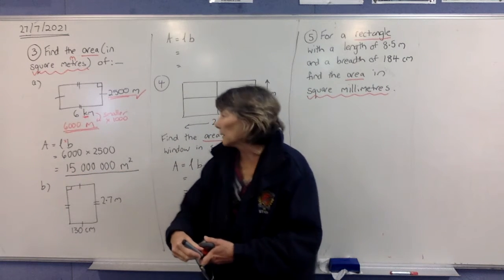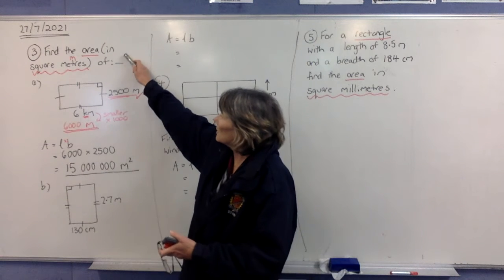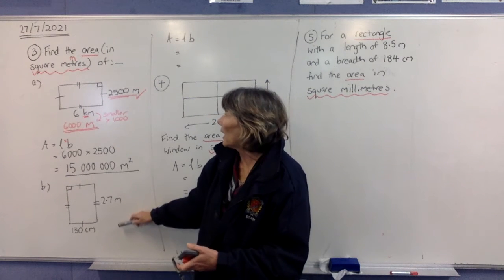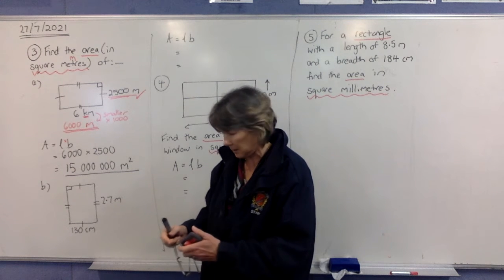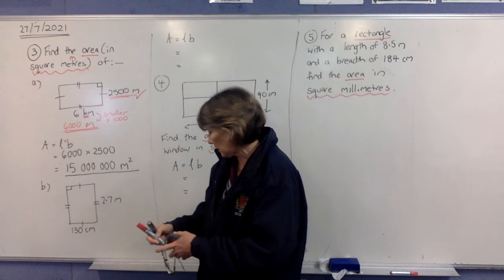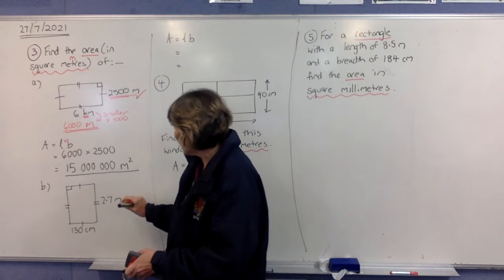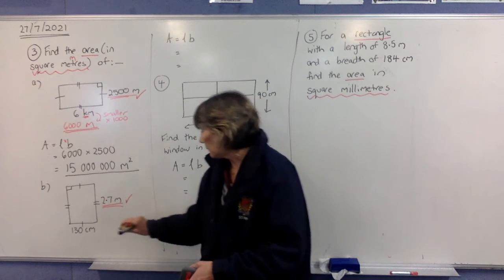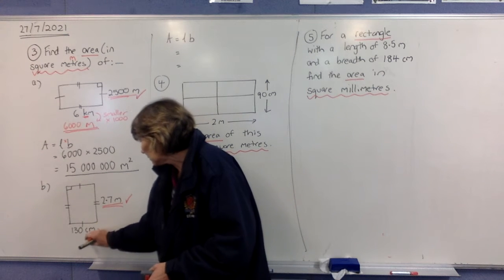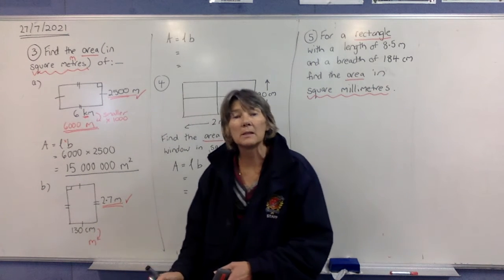All right, the next one. Again, it's this same instruction. We're finding the area in square metres. So we have to have our numbers in metres. So if we have a look at this question here, this one already is in metres, so that's good. We will be using that number. But this one down here is not. We need to change that to metres.